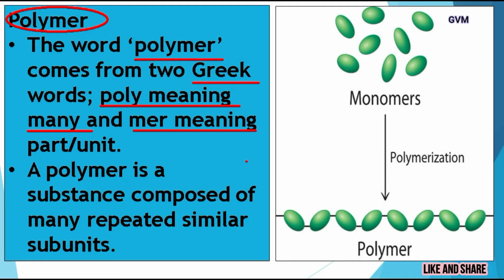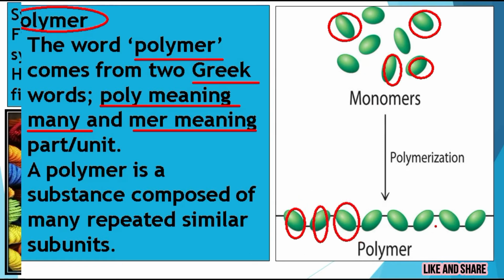Students, each fiber is made up of a single unit that is called a monomer. As you can see in this image, the basic unit of the fabric that we wear is called a monomer, and when several monomers join with each other and form a long chain of repeated similar subunits, as you can see here, then it is called a polymer, and this whole process is known as polymerization.